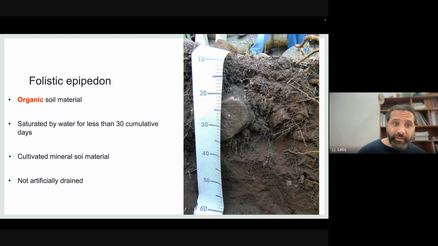Another diagnostic horizon is the folistic epipedon. This folistic epipedon is great because it is composed of organic soil material. And we already know what organic soil material is. Organic soil material is that material with a minimum of 12% of organic carbon.